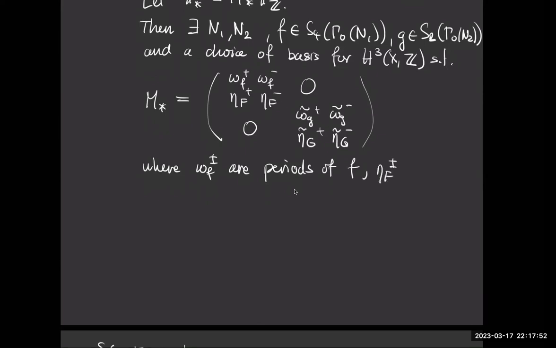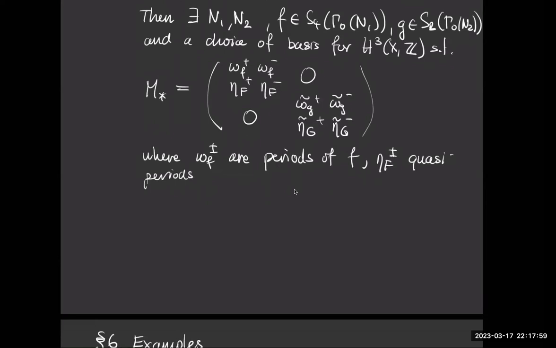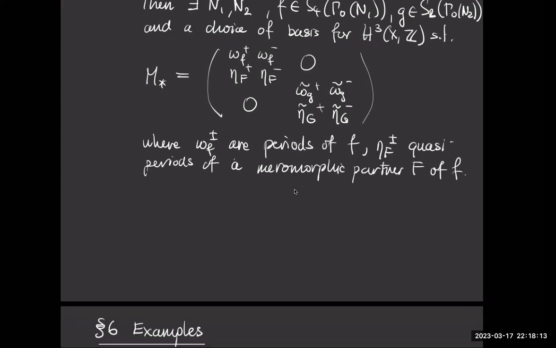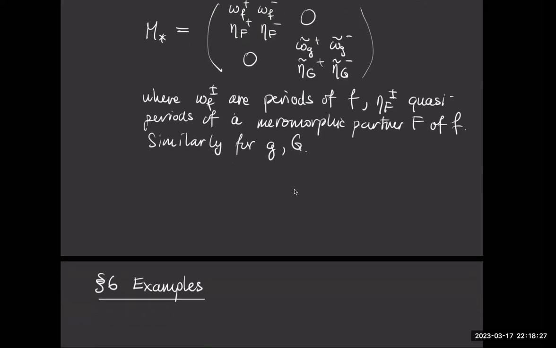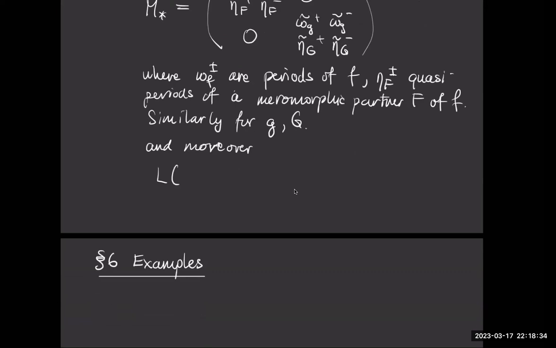Then eta F plus/minus are the so-called quasi-periods of the meromorphic partner, or of a meromorphic partner, F tilde of F. And similarly for G. And moreover, the L function of X at the attractor point factorizes into the L function of F and the L function of G.